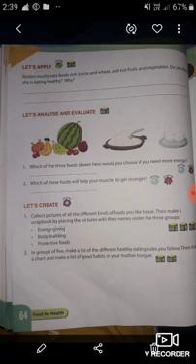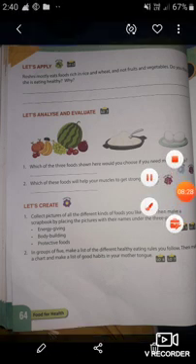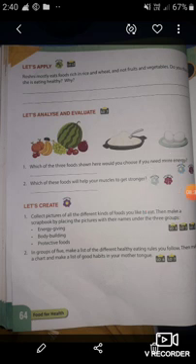Now let's come to question number second. So students, which of these foods will help your muscles to get stronger? As you know, bodybuilding food helps us to make our bones and muscles strong.